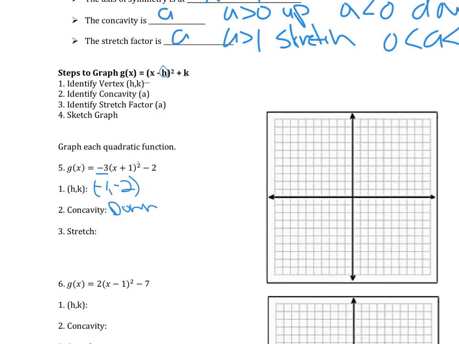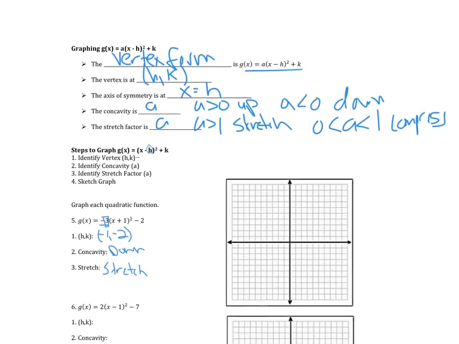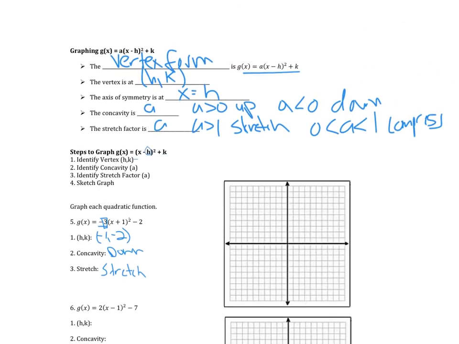And our stretch is an actual stretch because we're just looking at the actual numeric value, and 3 is greater than 1. So I should actually say that up here. Our stretch factor comes from our a, and so it's the absolute value of a, because we actually don't care about whether it's positive or negative. We just care about what the actual numeric value is.